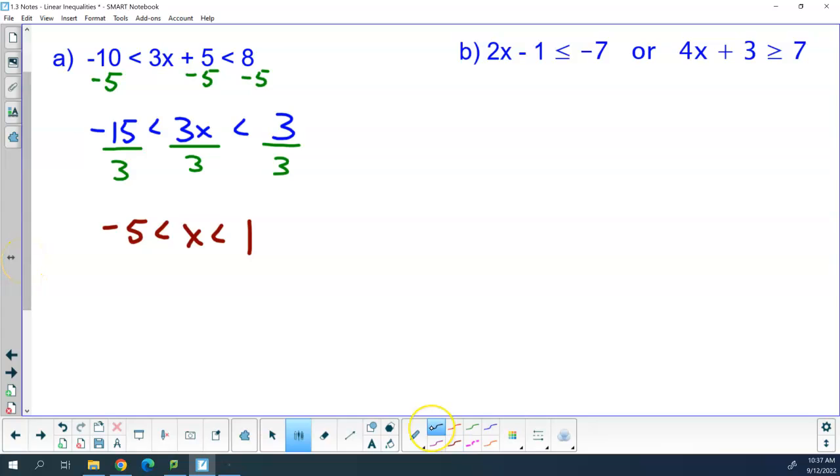My graph, then, would be open at negative 5, open at 1, and it would be a handle there. In the OR case, you just treat it like normal. You just do each one individually. So you would add 1 to that one first.